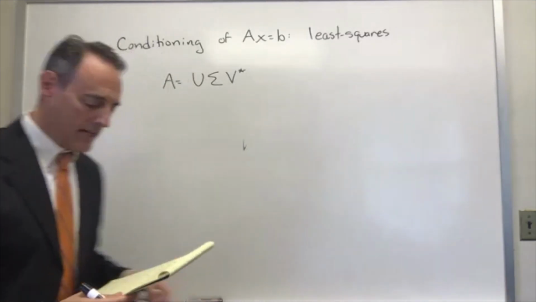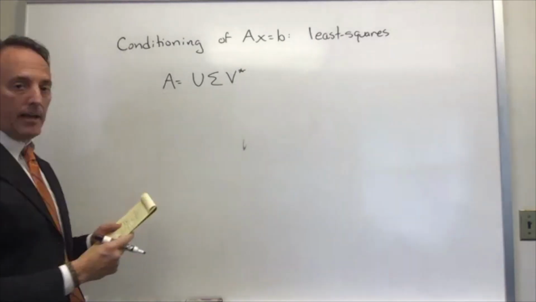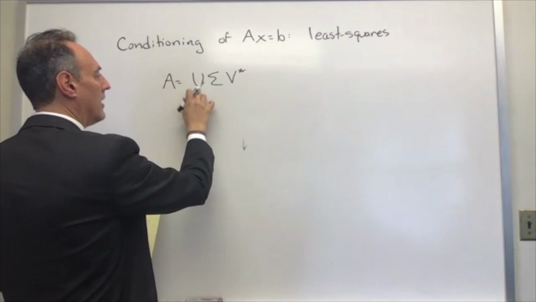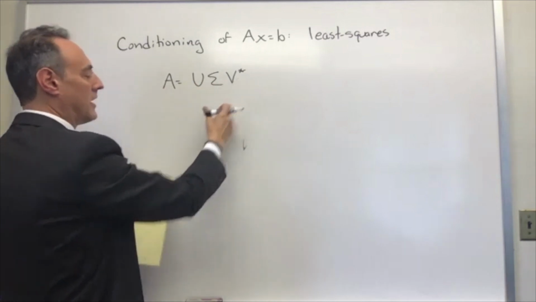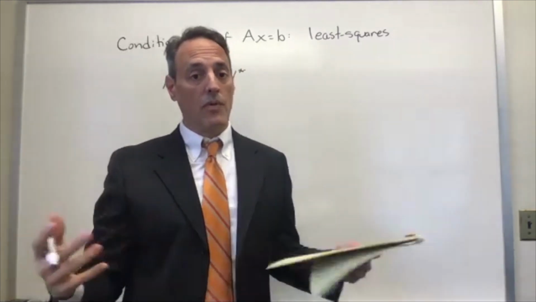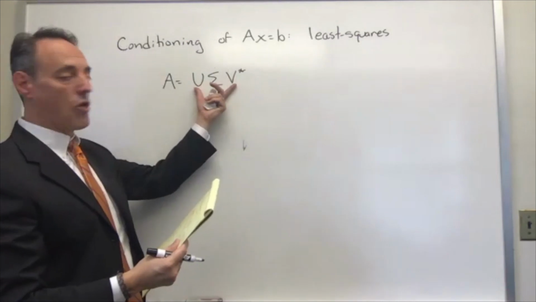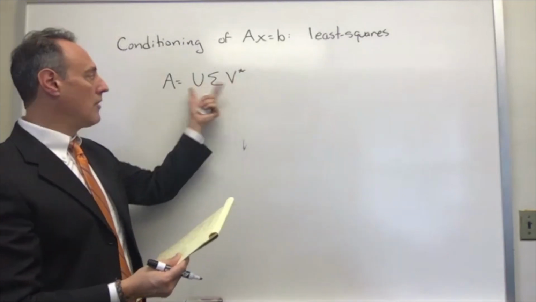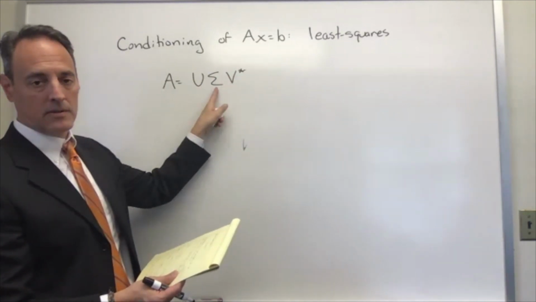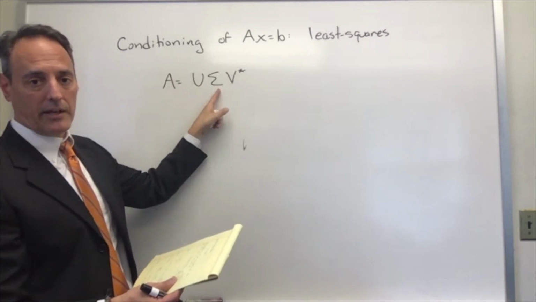Now, what I'm going to ask is, what happens when you perturb the data itself, A? Well, recall that these two matrices are unitary, so they always just have unit norm. They might change their rotations a little bit, but their norm is just 1. So all of the perturbation is actually going to get taken up in this sigma matrix. If you perturb A, it's going to mess around with the singular values.